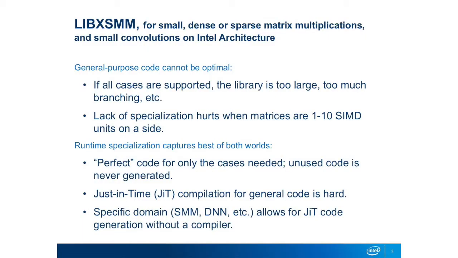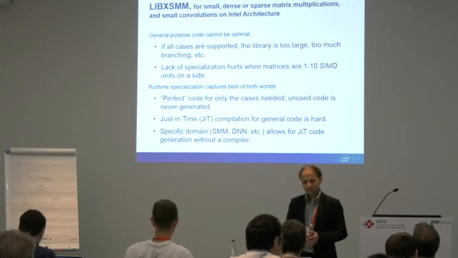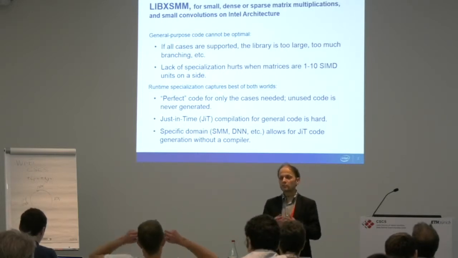A high-level overview here is that this library is essentially a library for small, dense, and sparse matrix multiplications and small convolutions. And in fact, there is also an emerging API.